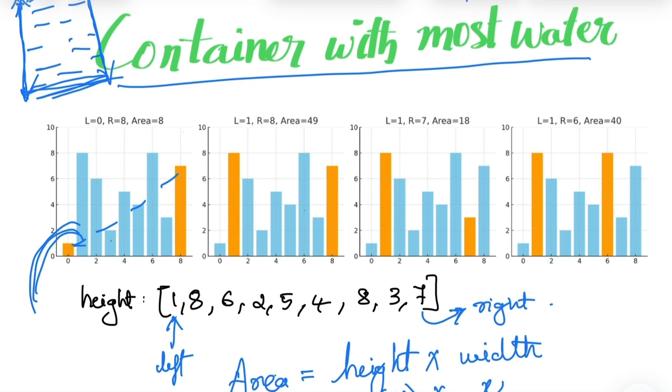So the shorter line will determine the height of the container. Like this is how much water the container can store. So the height which will be considered is the shorter of the two lines.